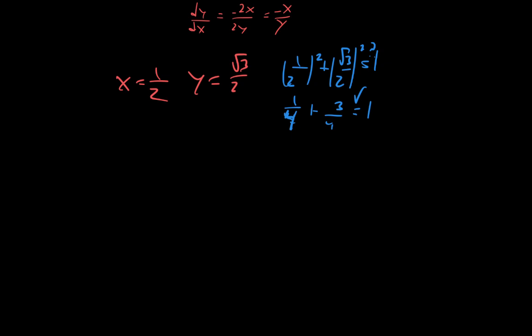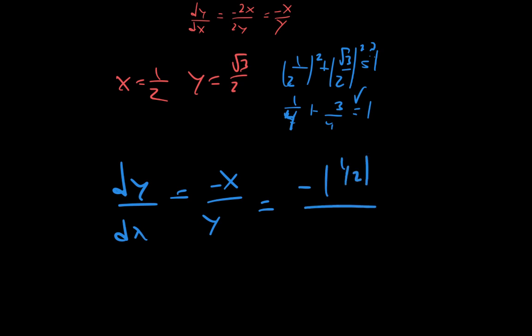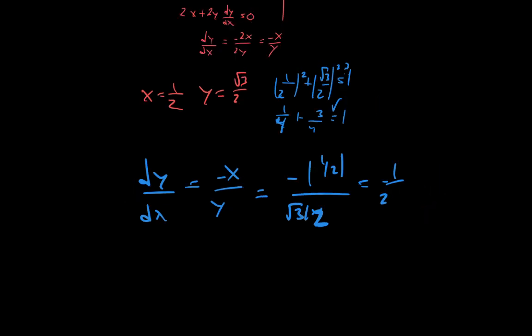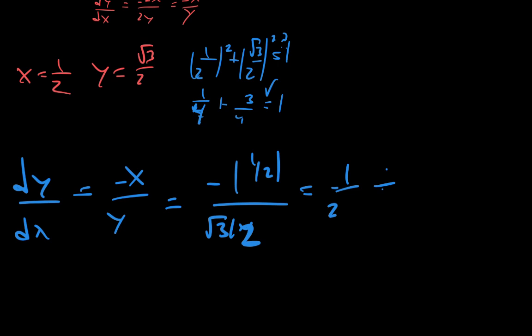So we found that dy/dx is equal to negative x over y. And we can plug in our values. Minus 1/2 over root 3 over 2, sorry. And that's 1/2 divided by root 3 over 2.